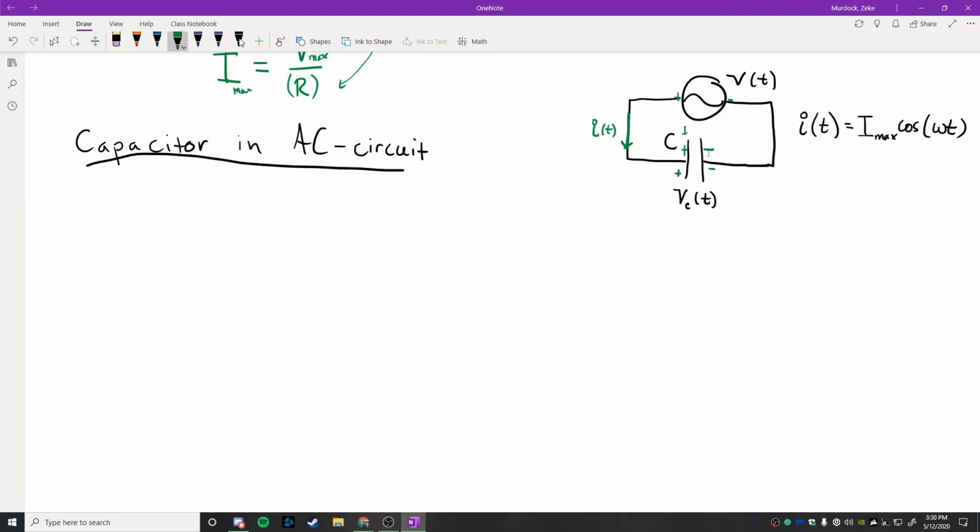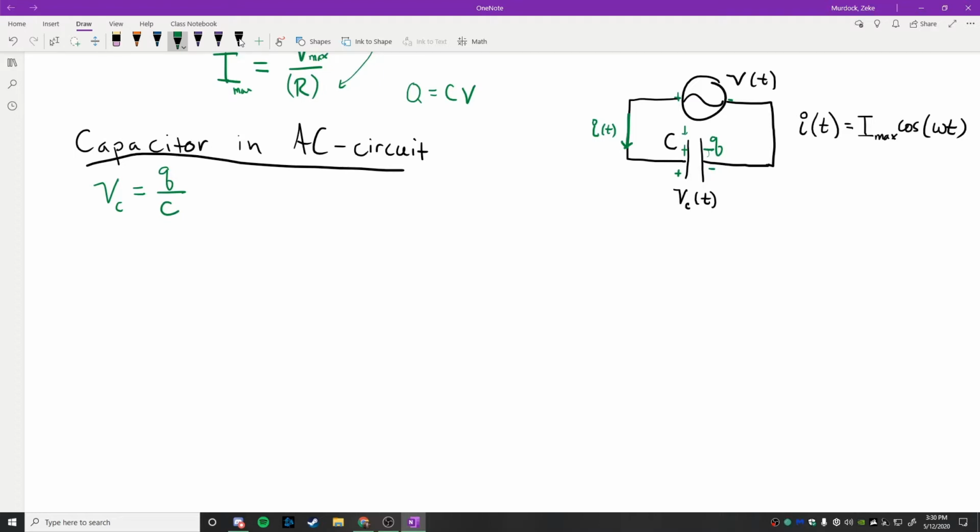What we know about a system like this is that the voltage across our capacitor is related to the charge on the capacitor, so let's call the charge on the capacitor at a moment in time Q. I always have to think about this: it's Q equal to C times V. So the voltage is Q divided by the capacitance.